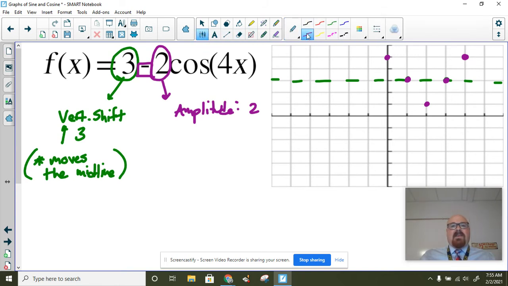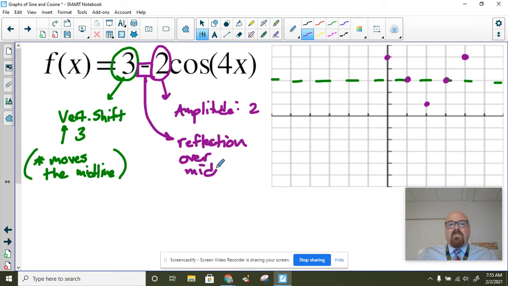The last thing on the outside of the function is we have to be cognizant of this negative sign, okay? If a is negative in the function, we have a reflection over the midline. So again, points that are on the midline don't move. Points that are off the midline reflect over the midline. So this point, instead of being 2 units above, is going to be 2 units below.